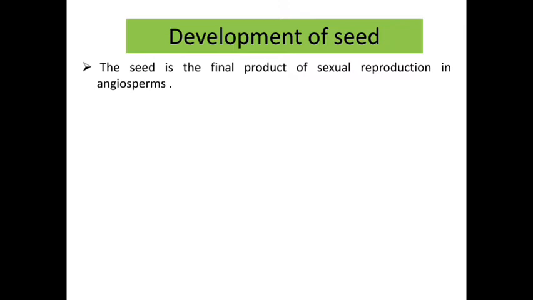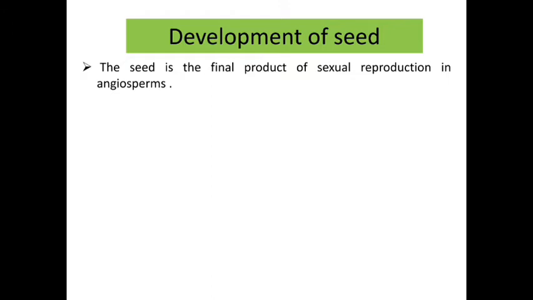We have learned about various events in sexual reproduction, and this is the end product. So this is the aim of every sexually reproducing flowering plant, that their aim is to produce seed.